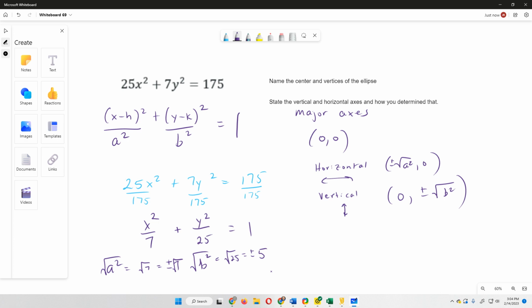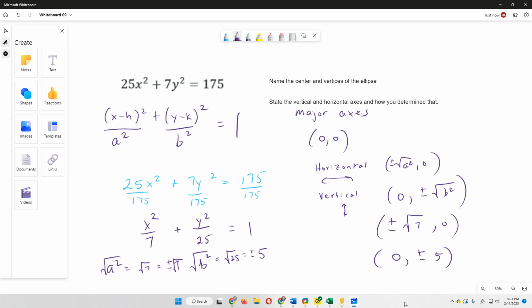So we're just going to write our vertices down now: plus or minus square root of 7, 0, that's our horizontal vertices, and then we got our vertical vertices of 0, plus or minus 5.